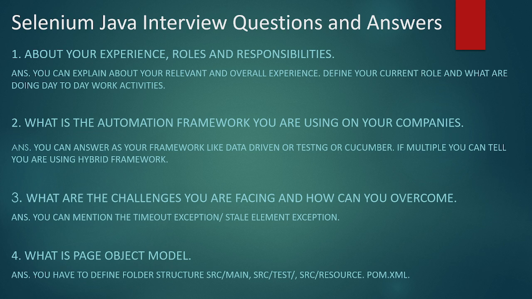I have covered this in my previous video: how the Maven structure looks, how we follow the page object model concept, how we store the object repository, how we store the test methods in the test folder, and the util files like the data sheet, constants class or interface. I have already defined all these things.